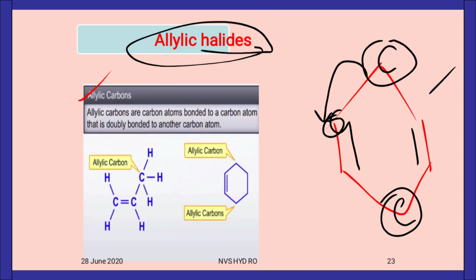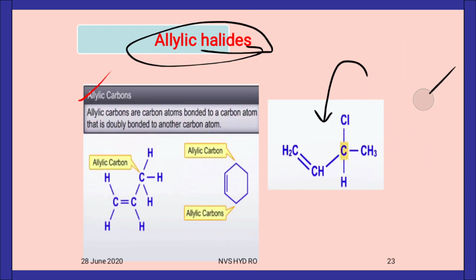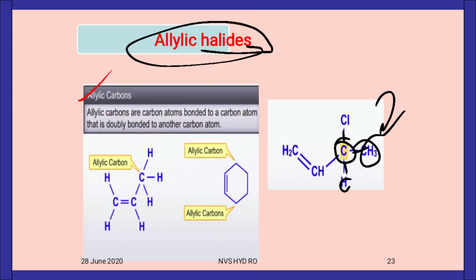ठीक है, अब यहाँ पर बोला हैलाइड्स। हैलाइड्स क्या होंगे? जब क्लोरीन लगा होगा। So let's see. Can you see this example? This is your carbon attached to chlorine, hydrogen, and your alkyl group, that is methyl group, further attached to CH.